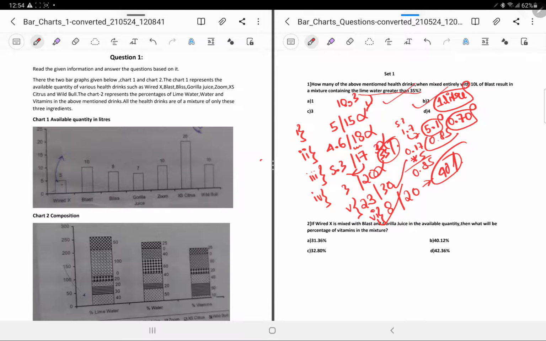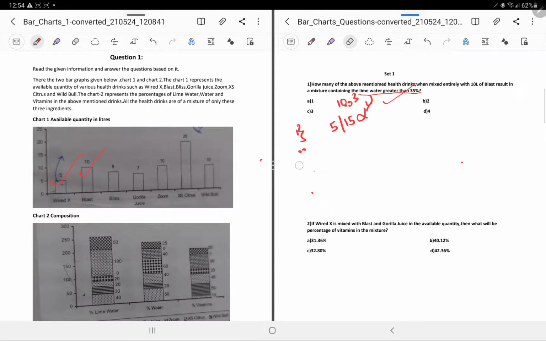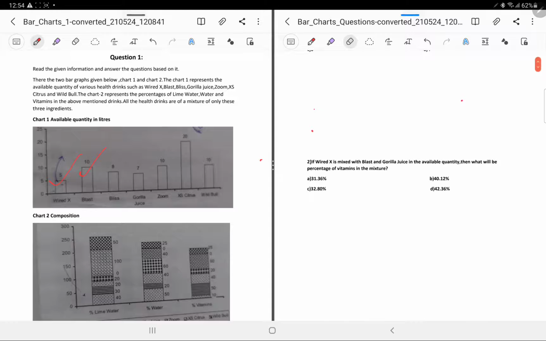I could have done this, but the problem over here is that these are different in quantities. For example, Blast is 10 liters, this is 10 liters. If they were equal in their quantities, then I could have used this approach. So this is not the right approach that we could have taken. The previous one is the only approach that we could have taken.